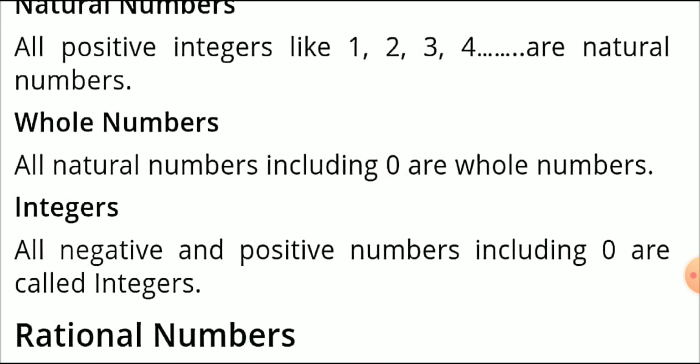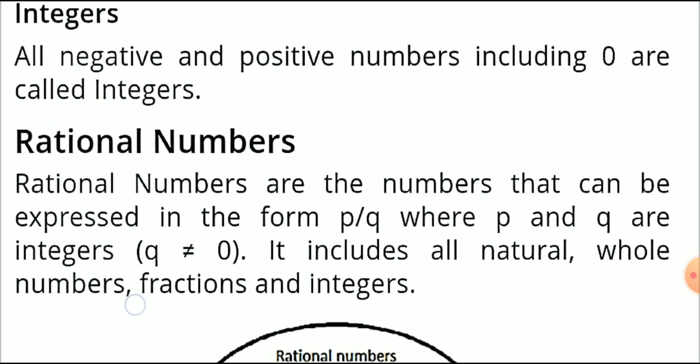In fraction numbers we only discuss whole numbers, which are positive numbers and 0. But if we talk about rational numbers, here we are going to discuss positive numbers as well as negative numbers along with 0. So for this we will have the definition of rational numbers.